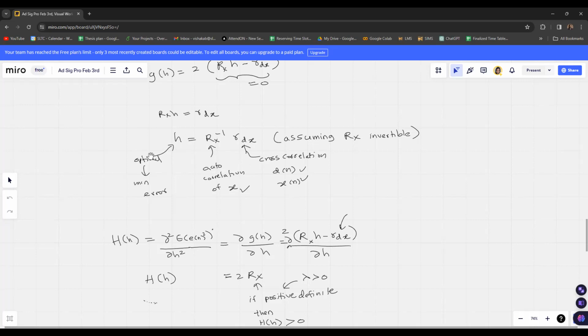So as of now, we have considered stationary processes, and therefore the values of these autocorrelation matrices and cross correlation matrices do not change over time. However, in real world scenarios, the values of the process will not remain constant, right?